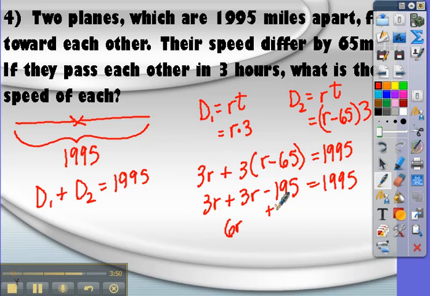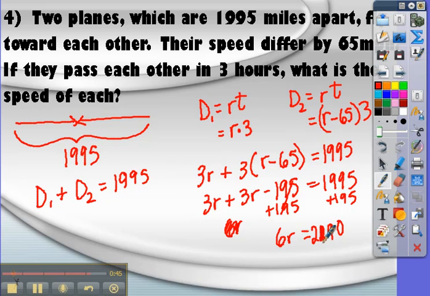So I'm going to have a, oops, let me clean this up. 6R is going to end up equaling, what is that? 2,290. Nope, sorry, 2,190. Divide both sides by 6.